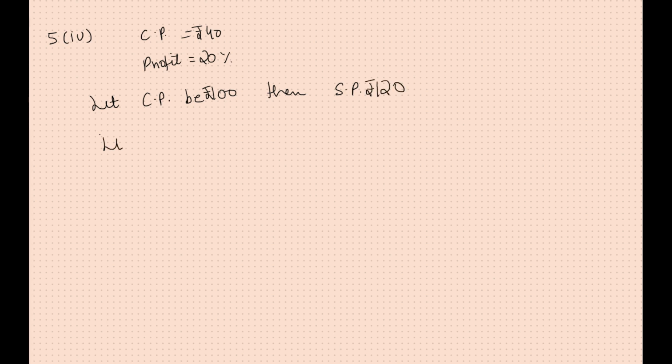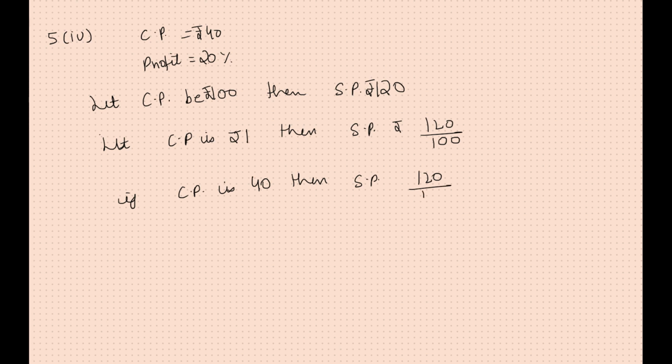Okay, let cost price be rupees 1, then selling price is 120 upon 100, and if cost price is 40 rupees, then selling price would be 120 upon 100 into 40, so 48 rupees. And I think in the previous question I have done the same thing, so make sure you do the correction, children. Sorry for that.